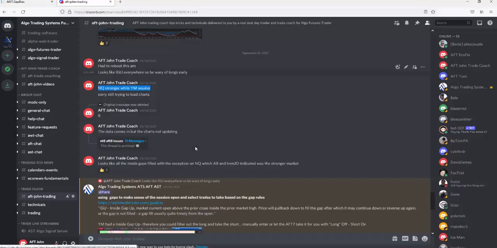And you can see in my post here in the Discord server, I said it looks like inside gap, gaps to the upside everywhere. Be wary of longs early, at least until that gap fills. Now, the other point I made right after that was that the NQ was the stronger market, while the YM was the weaker market. Well, where did I get that information?